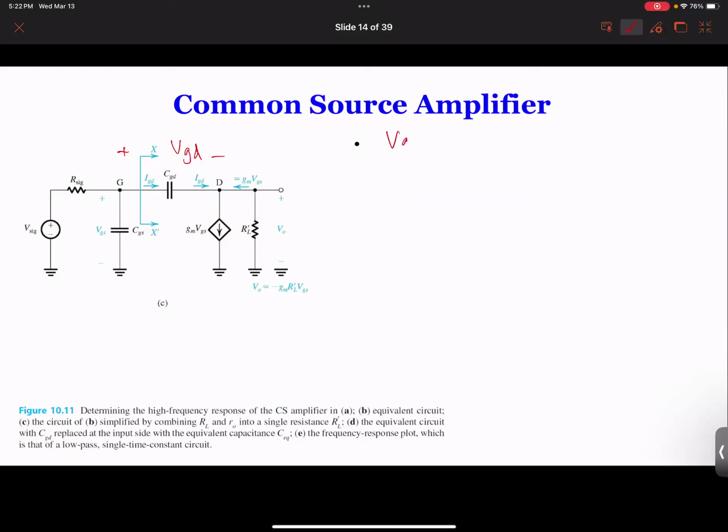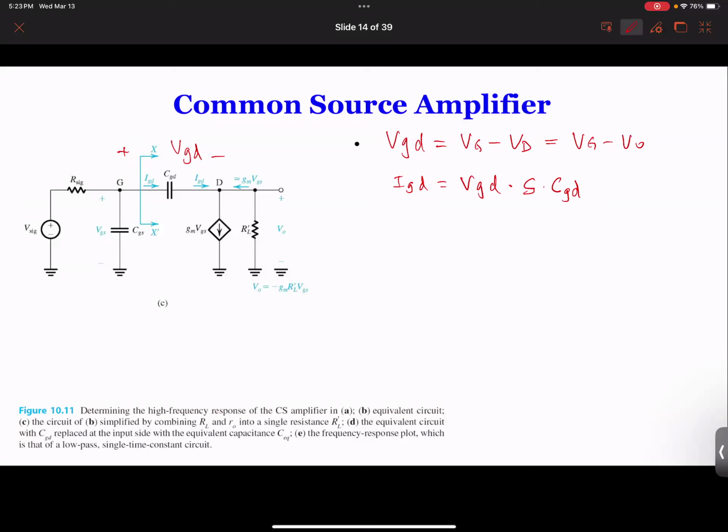VGD equals VG minus VD, and VD in your case is VO, so it's VG minus VO. Then the current IGD equals VGD times S times CGD.